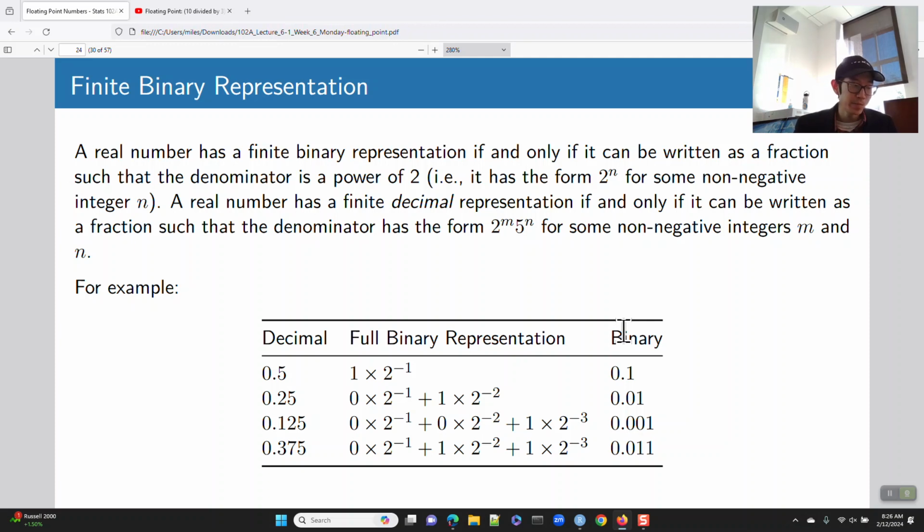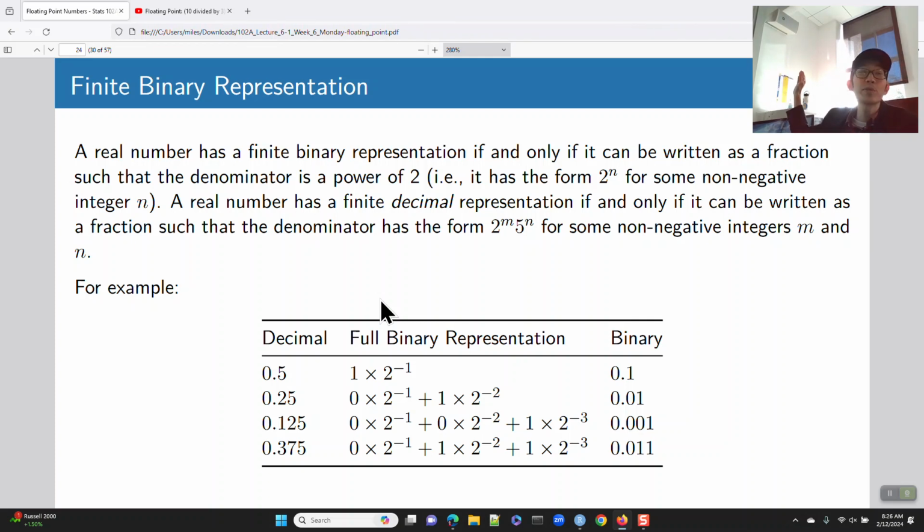For values that are less than 1, we can represent them in binary as well. It's just that things are working the opposite direction. In the decimal system, you have your decimal point, and when you move to the right, the first place is your 10 to the negative 1, the 10th place.